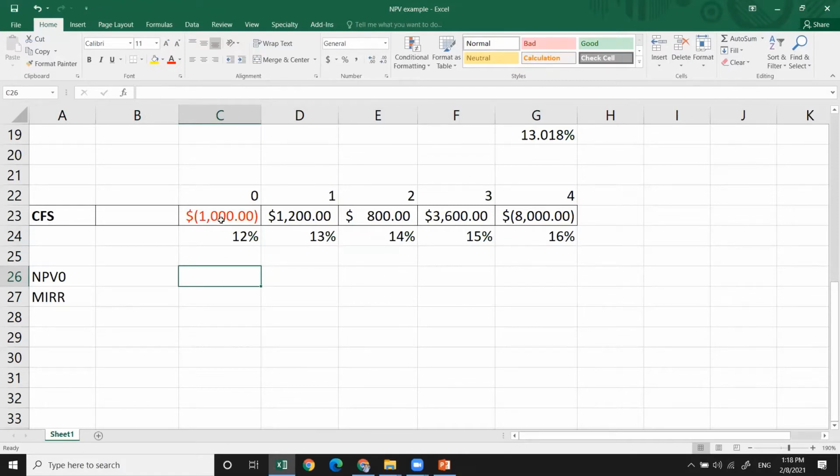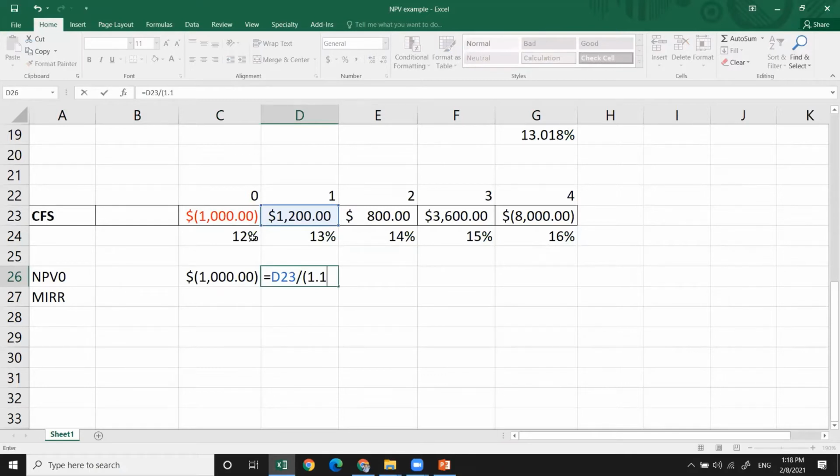So 1,000 is 1,000. Here, we discount this one divided by 1.12.